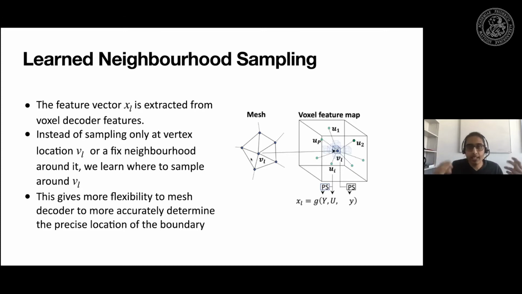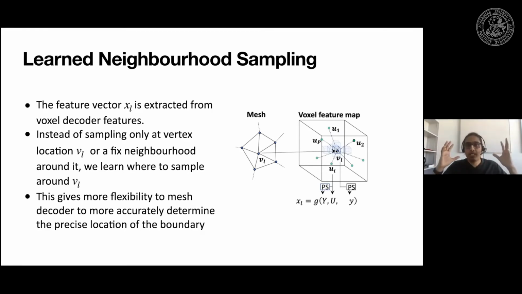So the idea is you have a vertex given by its x, y, z coordinates. We go to the corresponding location inside the voxel feature map. Now the thing is, this coordinate is a continuous value, but the voxel feature map indices are discrete.